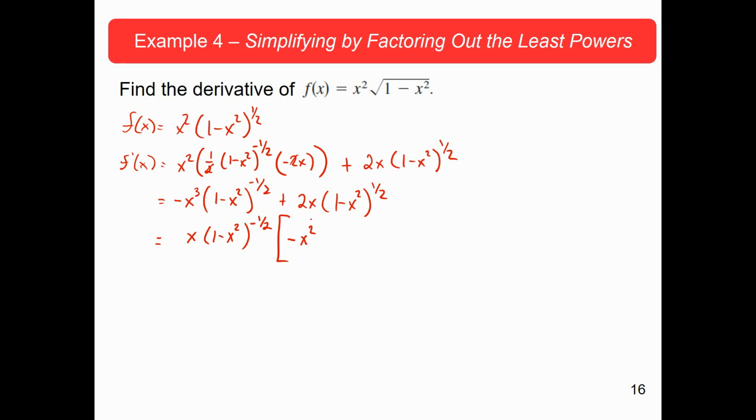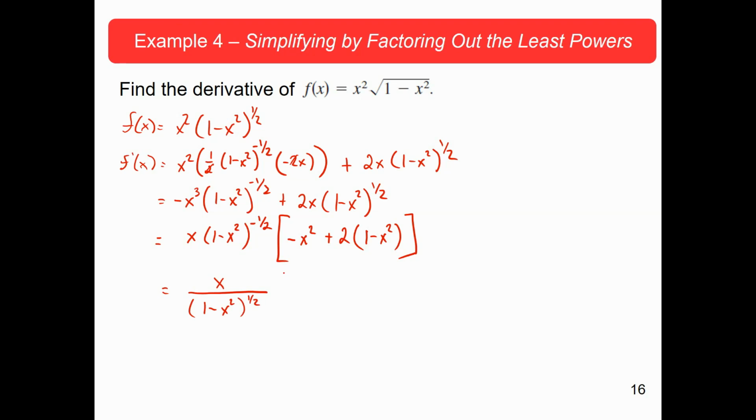I don't have anymore. So plus 2 times, because the x comes out, what's 1/2 minus negative 1/2? Well, that's just 1. So I don't have an exponent anymore. So I can say this is x over 1 minus x squared to the 1/2, right?